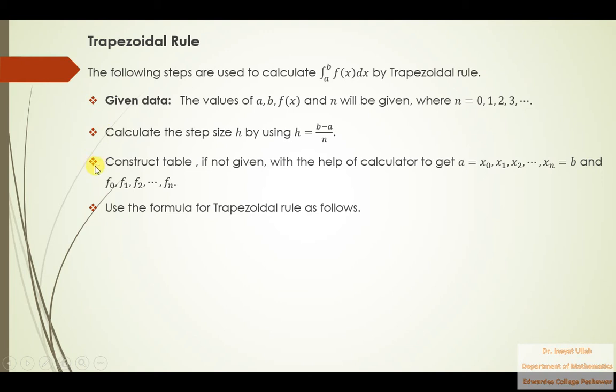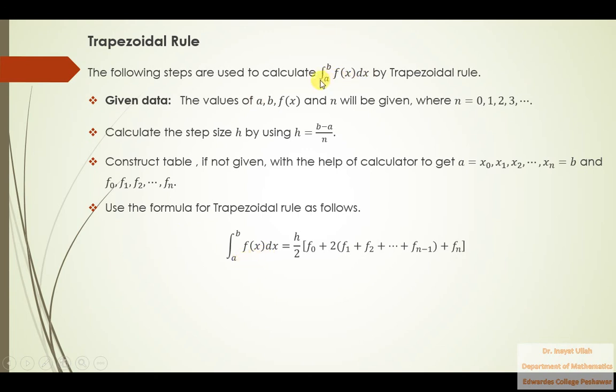Remember that the next step is different for all the techniques, because the formula for the trapezoidal rule will be different from the other methods. The formula for the trapezoidal rule gives the approximate value of this definite integral.